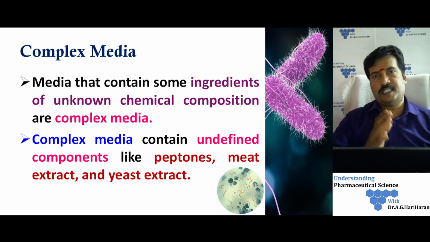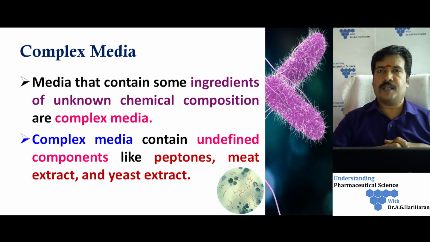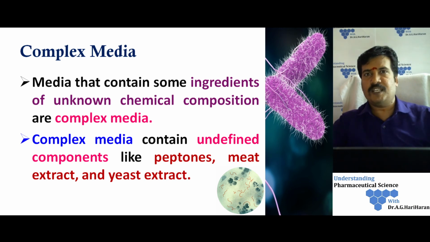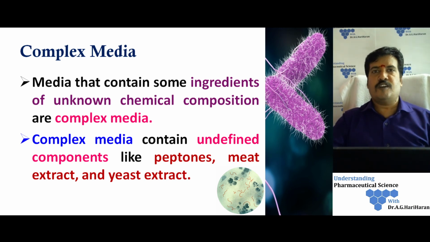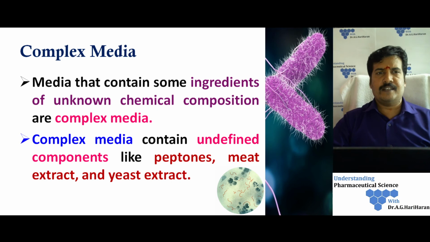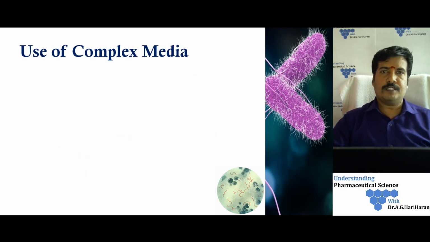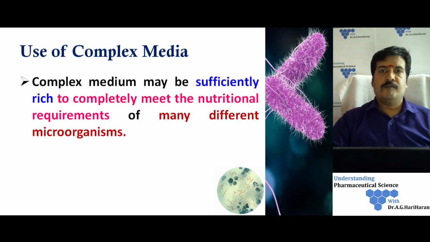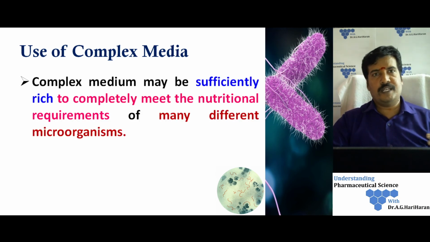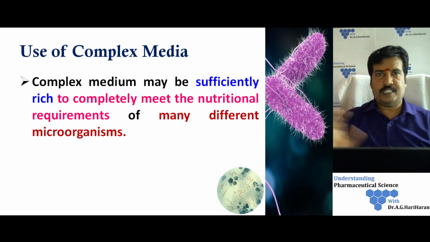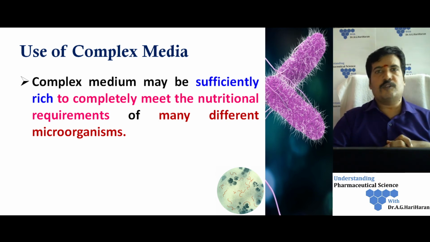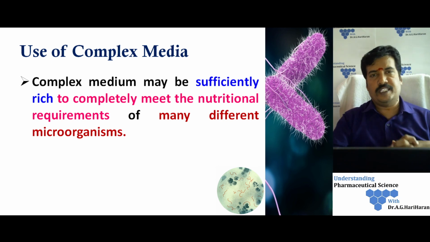So, for example, consider a complex media like nutrient broth media or nutrient agar media, which is generally composed of peptone and yeast extract. But the use of this complex media is very important because we can use it in wide areas. This complex media will have all the nutrients which can support the growth of any type of microorganism, right?